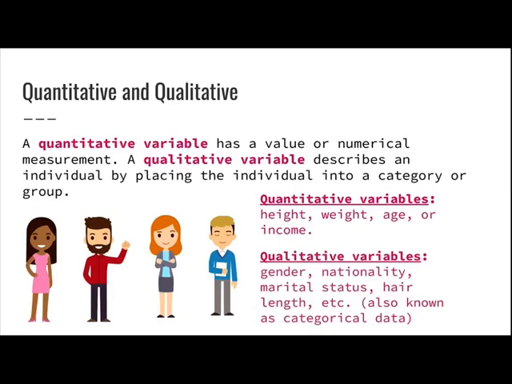If I have qualitative variables, these are things that I can categorize, such as gender, nationality, marital status, hair length. These aren't things necessarily that could be translated into a bunch of numbers. For example, if I'm going on gender, I have males and females.